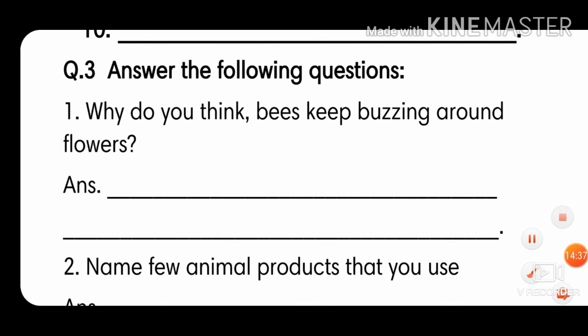These are all animal products. Things which we get from animals can be termed as animal products, right? So you have to write that answer. Name few animal products that you use. Any 5 animal products. जो प्लांट में से नहीं मिलते हमें, एनिमल्स में से मिलते हैं, they are known as animal products.